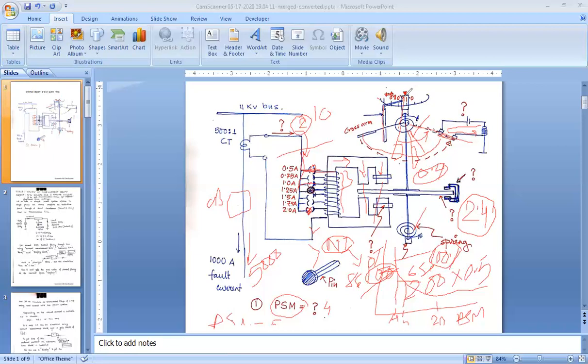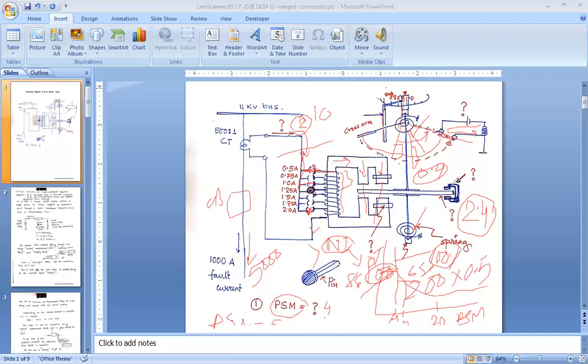Then dust may be there in the bearing. This is the jewel bearing, that will oppose the movement of this spindle. So in this way, the overcurrent relay works.